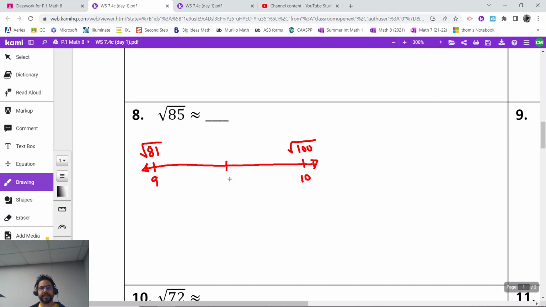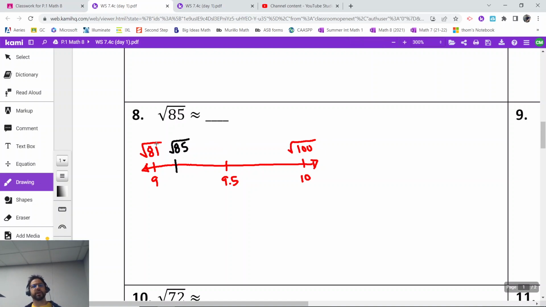This is going to be a 9.5. But notice the square root of 85, that's going to be way over here, which means it's definitely going to be a low number. I don't even have to worry about that middle because the distance is so great there.